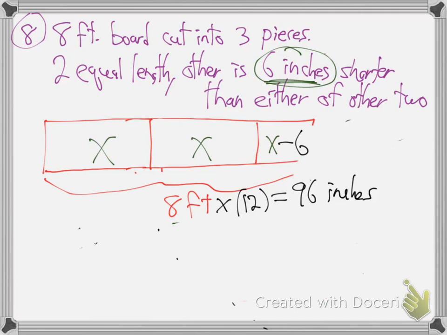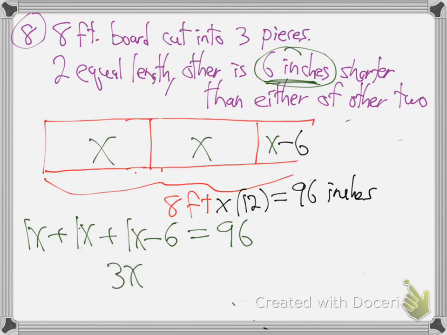So what do we get then? We get x plus x plus x minus 6 equals 96 total inches. So that's 3x minus 6 is 96.